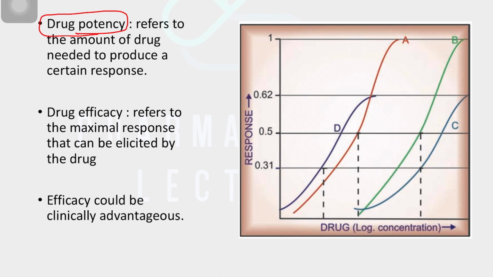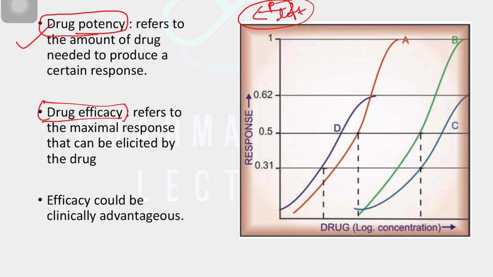So if less amount is needed to produce a certain response, that is more potent, and if more amount of drug is needed to produce a response, that is less potent. Quite understandable. So on this log dose response curve, potency is more on the left side. If the dose response curve is more on the left side, that drug is more potent, you can say.